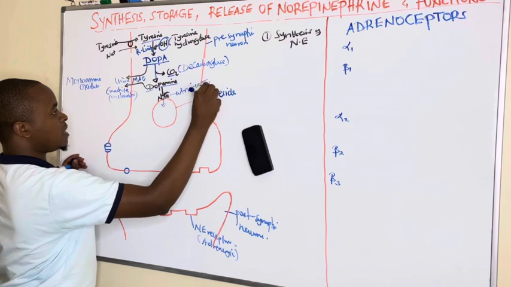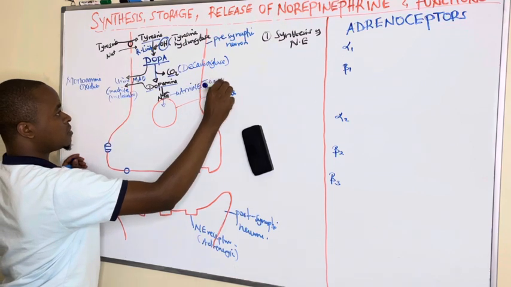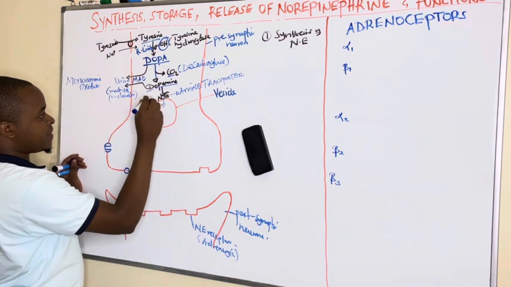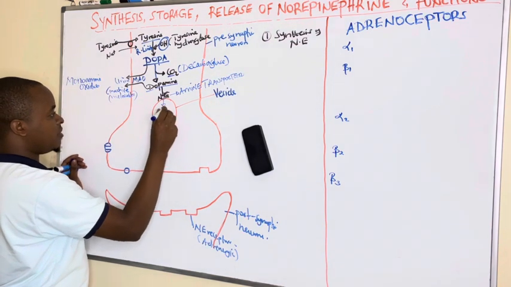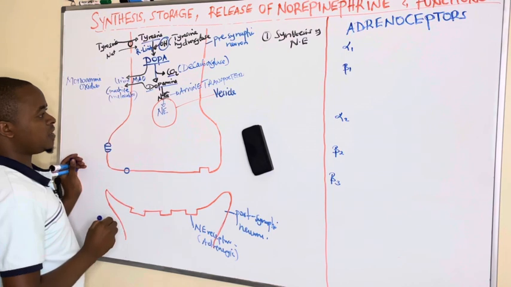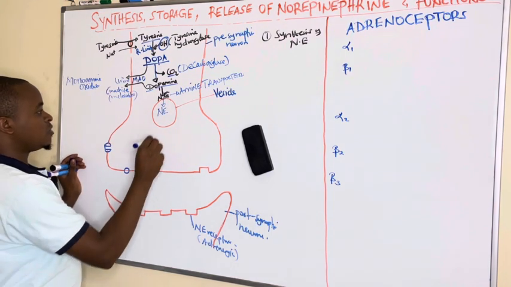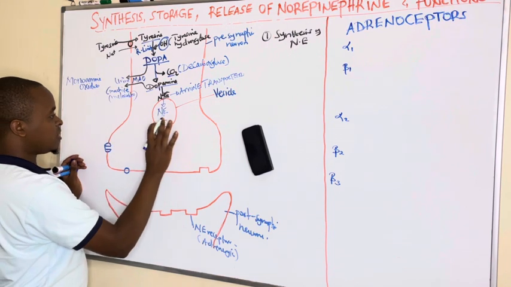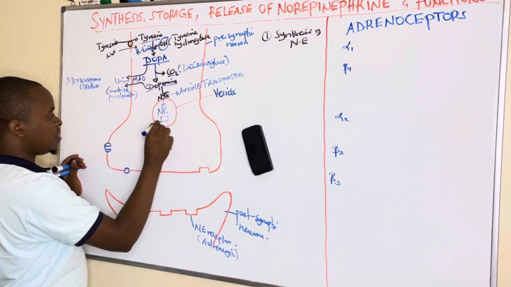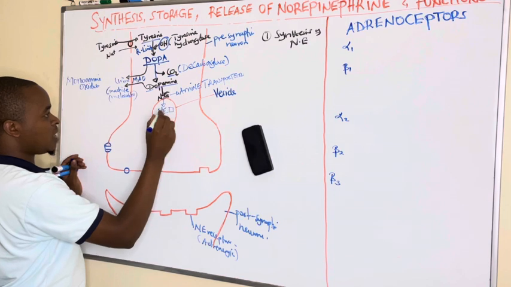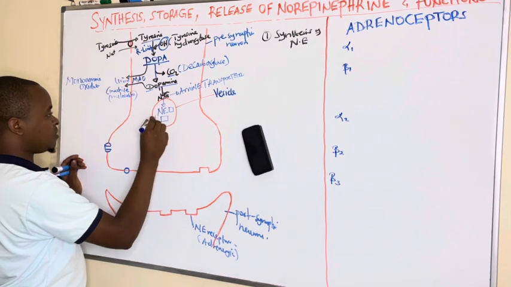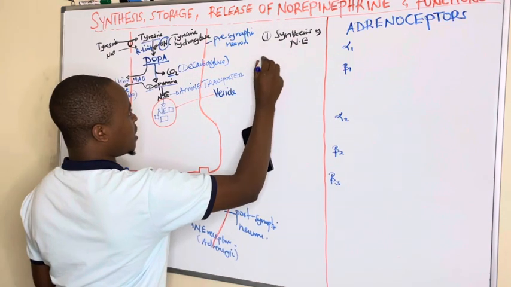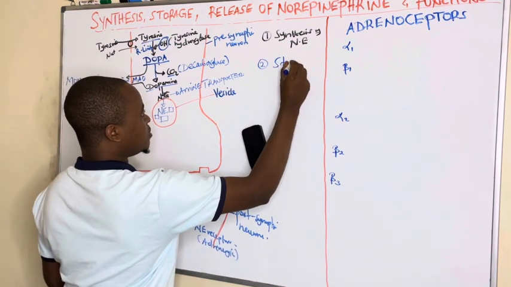We're going to see norepinephrine entering into the vesicle through transporters known as amine transporters, and then it is stored. So this is point number 2, which is storage in the vesicle.